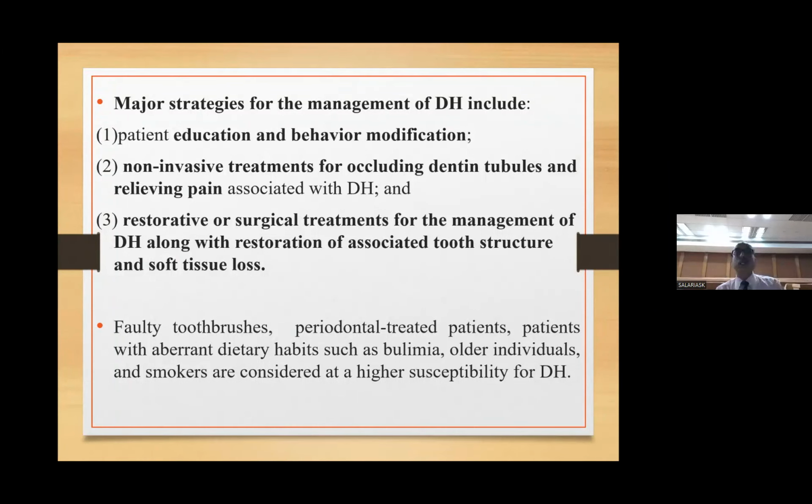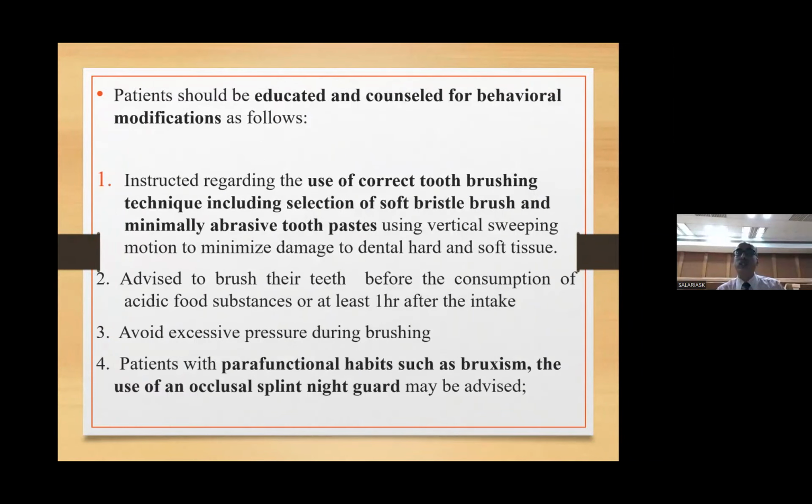The patient should be educated and counseled for behavior modification regarding the use of correct toothbrushing technique, including the selection of toothbrush and dentifrice. Advise toothbrushing before consumption of acidic food, or if not possible, at least 1 hour after the intake, but it should not be done immediately after beverages, because most beverages have a pH of approximately 2 to 3, which is highly acidic.